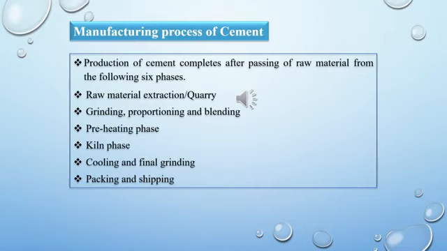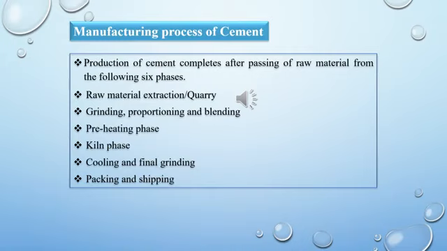Now the first phase is raw material extraction and quarry. Students, as we have discussed, we use excavators for the digging of raw material or for the digging of different rocks. Then we use dumpers to transport that rock or the raw material toward the industry.